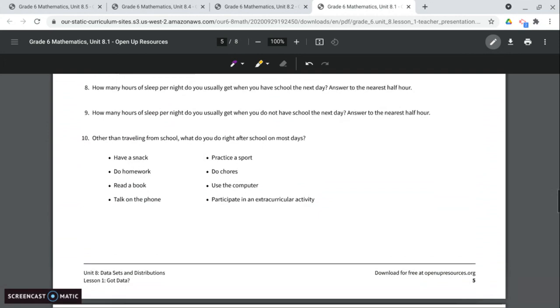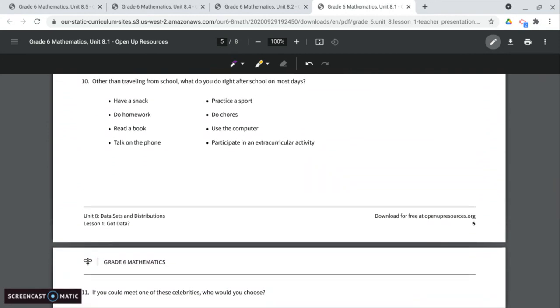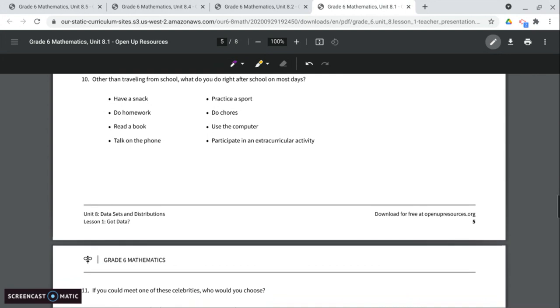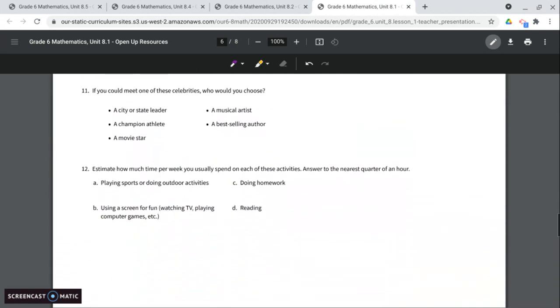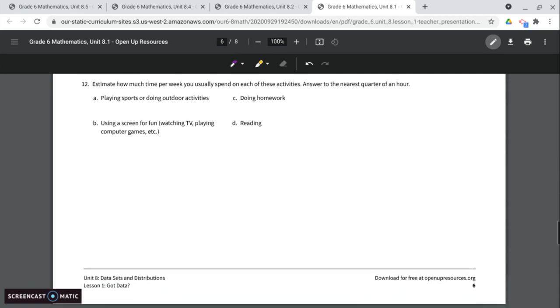9, how many hours of sleep do you usually get when you don't have school the next day? That's numerical. Rather than traveling from school, what do you do right after school most days? You have a choice of different activities. Is that numerical? Nope. 11, if you could meet one of these celebrities, who would you choose? Once again, not numerical. And lastly, 12, estimate how much time per week you usually spend on each of these activities.